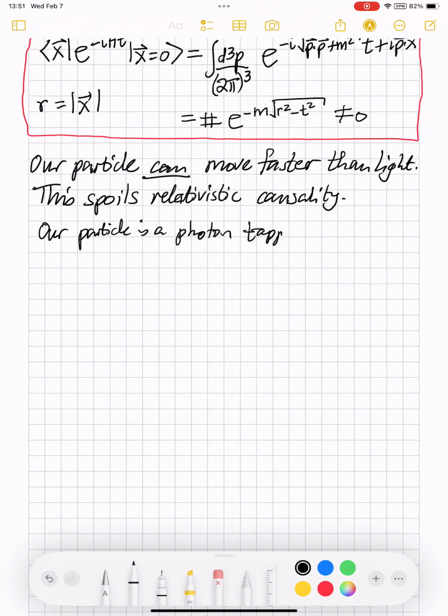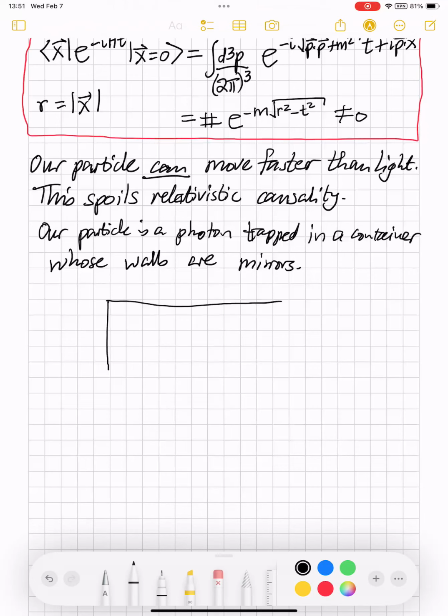So it's trapped in a container whose walls are mirrors. So here is our container, and the walls of this container are mirrors, so that the photon, every time it strikes a wall, it's just reflected off the wall, but it's captured inside this container.